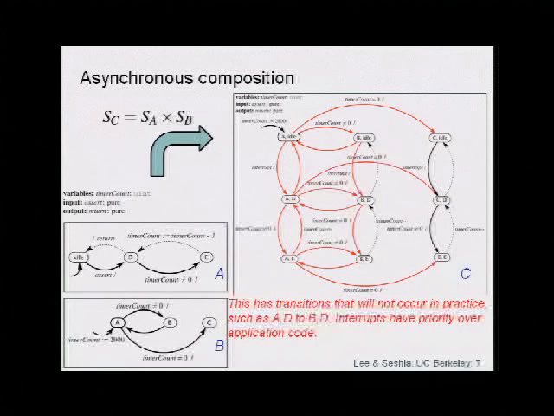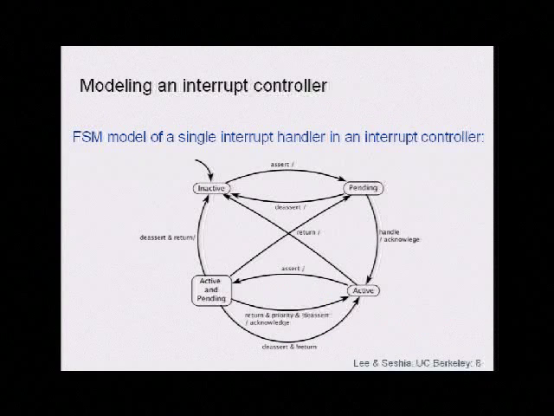The key point is that interrupts really have priority, and if you do purely non-deterministic asynchronous composition with interleaving semantics, you can't model that. So one thing we need here is to somehow model this notion of an interrupt being active versus not active.